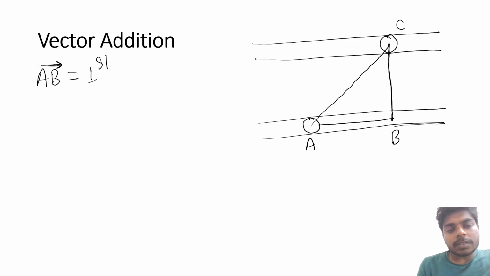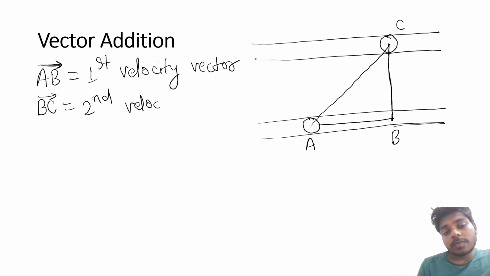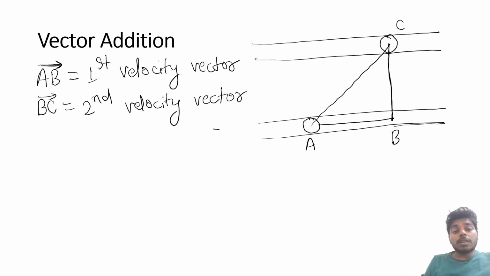The first velocity vector. And BC is the second velocity vector. This second velocity vector is because of the tube movement, the tube velocity actually, and AB is the ball itself velocity.